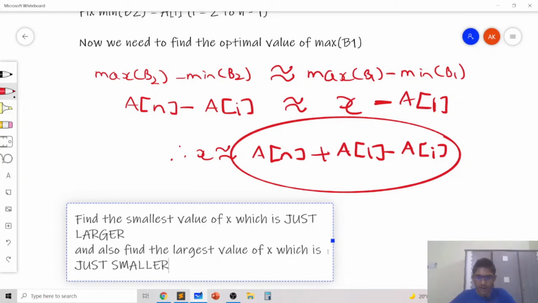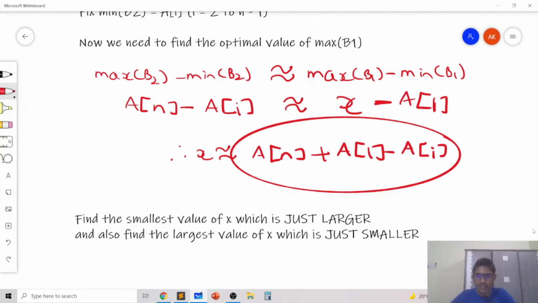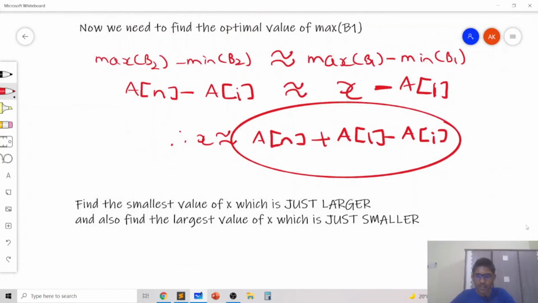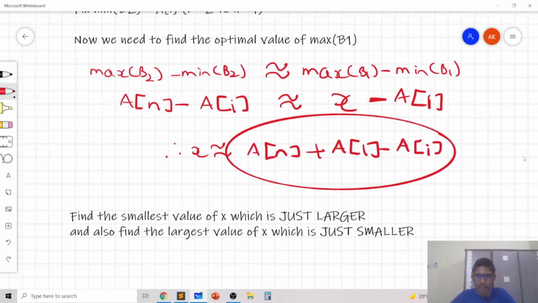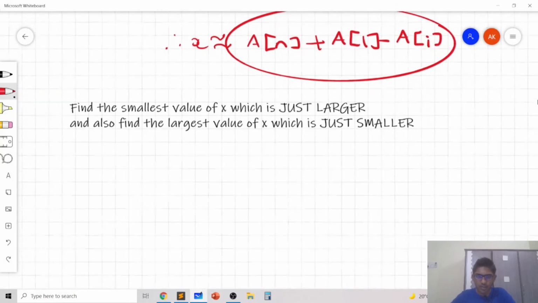And by finding these two particular values, we are ensuring that X is as close to an plus a1 minus ai as possible, and hence the absolute difference between these two quantities is minimized. To do this, we can use two sets.